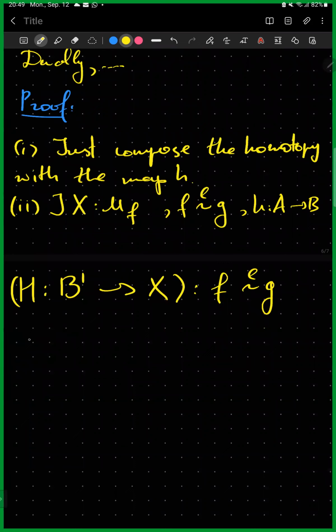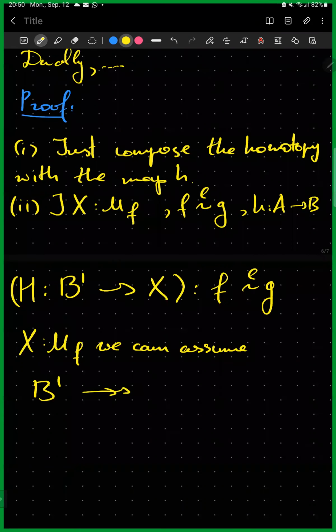Since X is fibrant, we can assume that, in fact, the map from B prime to B is a trivial fibration, not merely a weak equivalence. Why is that?